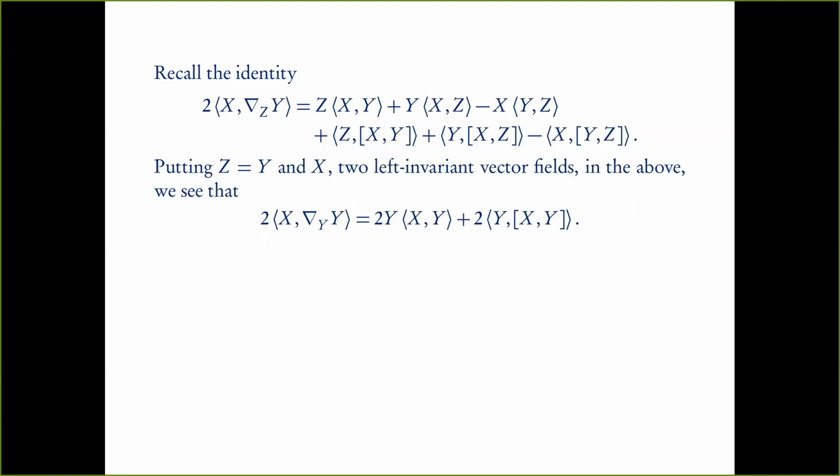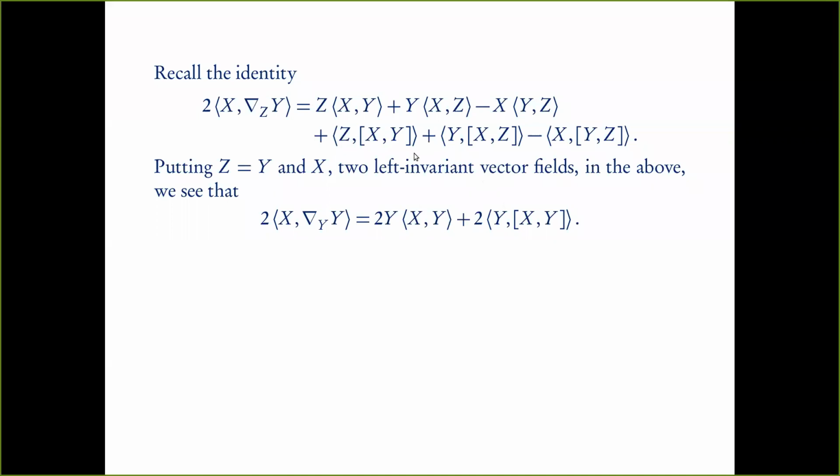Just a second. I probably should have skipped this already, because this first term, 2 y<x, y>, is going to be 0 anyway.